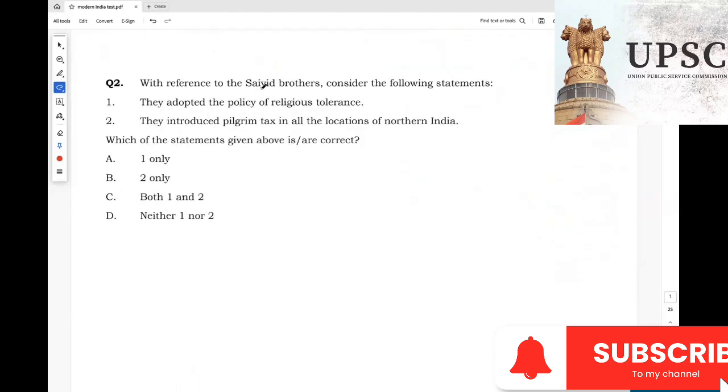With reference to the Sayyid brothers, consider the following statement. They adopted the policy of religious tolerance. Yes. We always read about the so-called Sayyid brothers, right? They were the kingmakers. They blinded, they poisoned the kings and their family members. Yes, that's true.